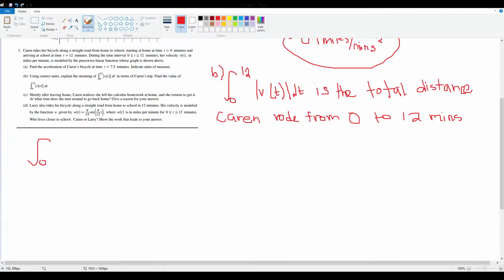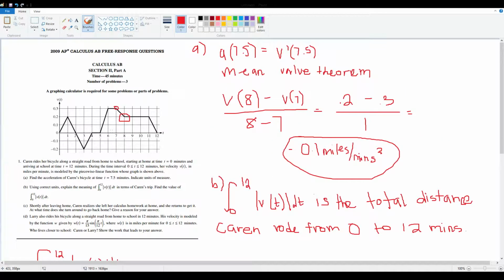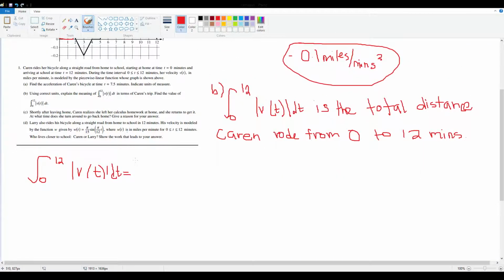So you go integral from 0 to 12 of the absolute value of the velocity. Looking at the graph, you can tell that from 0 to 2 it's positive, so you go integral from 0 to 2 of v of t dt.